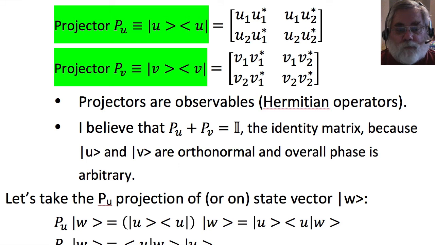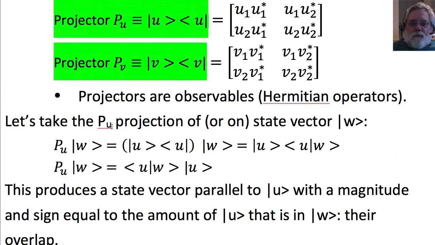I believe that the sum of these two projectors, p sub u plus p sub v, equals the identity matrix, because u and v are orthonormal and overall phase is arbitrary. Let's see what the p sub u projection onto state vector ket w would be.